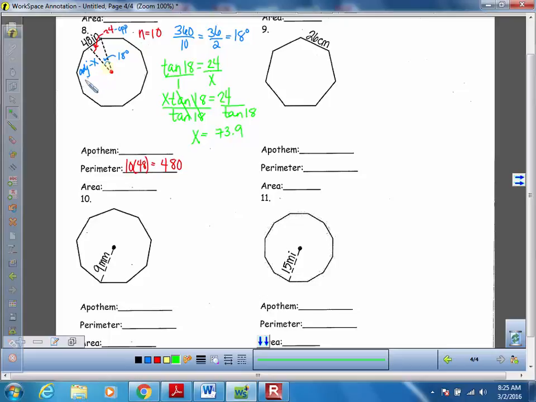So that means that my apothem is 73.9. So I'm going to plug into my area formula, which is 1/2 times the perimeter, which is 480, times the apothem, which is 73.9. When you plug that into your calculator, you should get 17,736 inches squared.